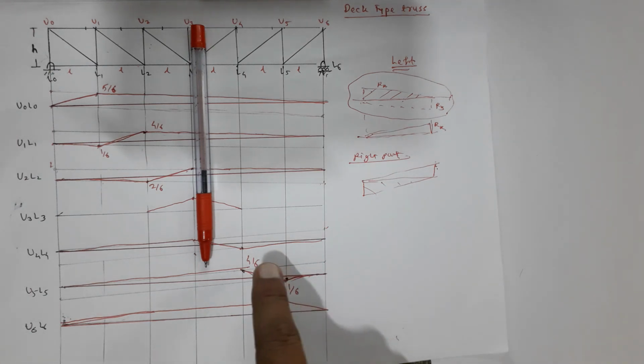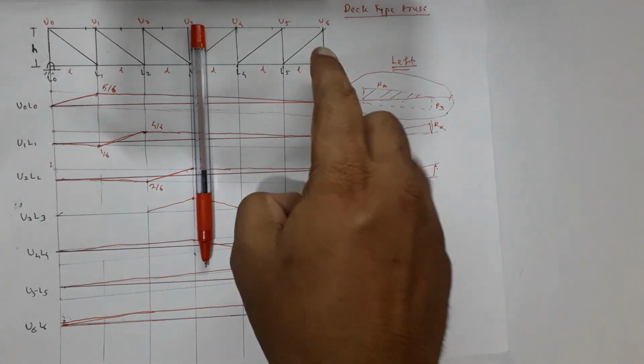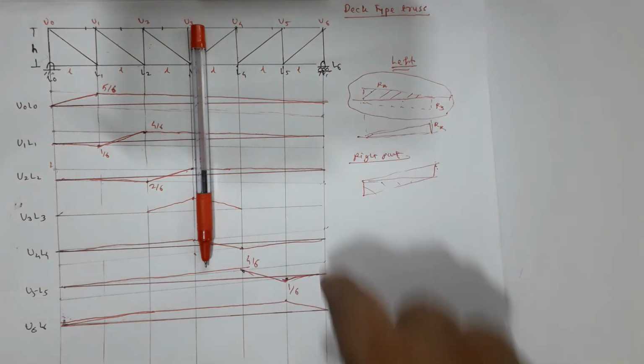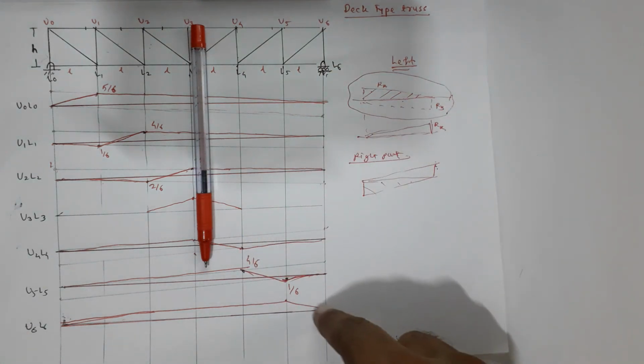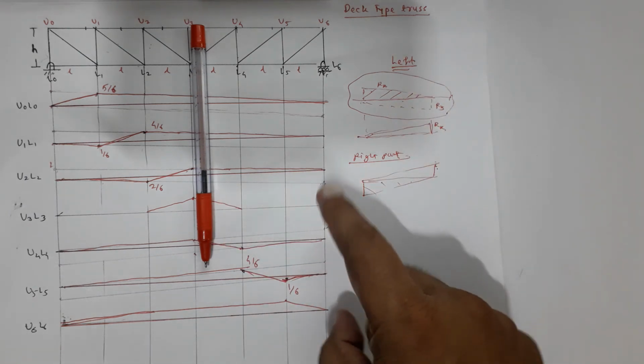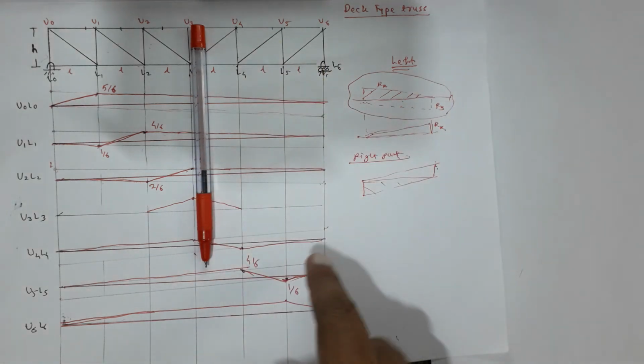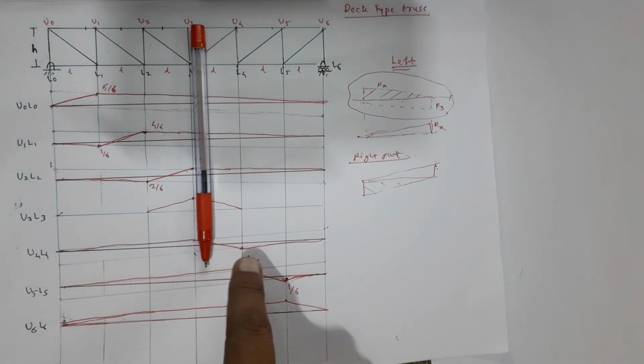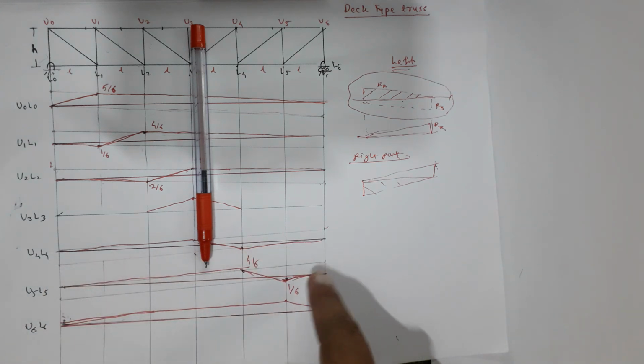Whereas for the vertical members in the right part, the extreme vertical member on the right hand side is entirely in compression, whatever the load position is, but the other vertical members are initially in compression, and thereafter the force in them changes to tensile.